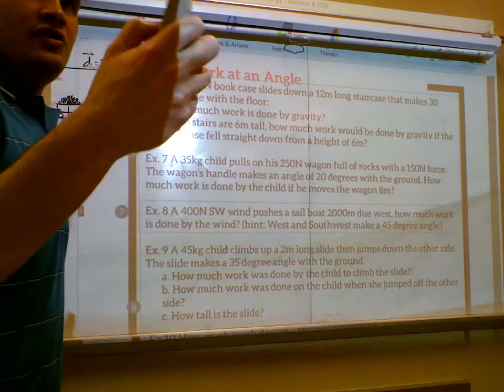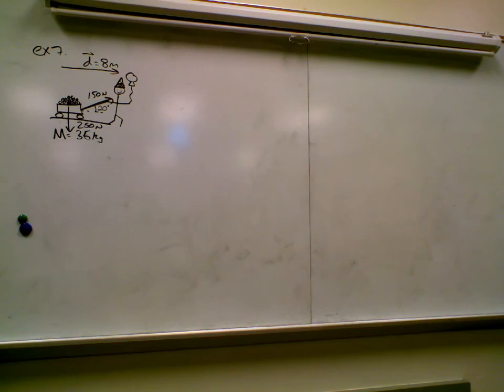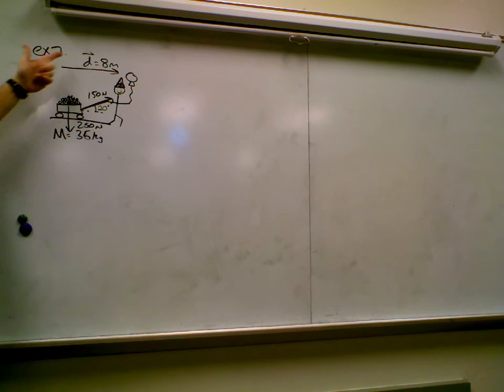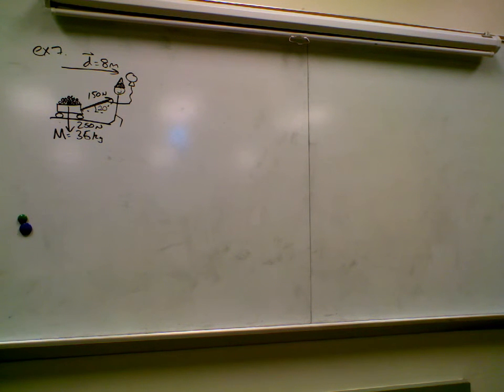Now, in typical Mr. Branch fashion, I gave you way more information than what you need, didn't I? Because there's only 3 unknowns in the work equation, right? I gave you 1, 2, 3, 4, 5 numbers. So which ones do you need? I'm guessing the angle. Okay, we probably need the angle.